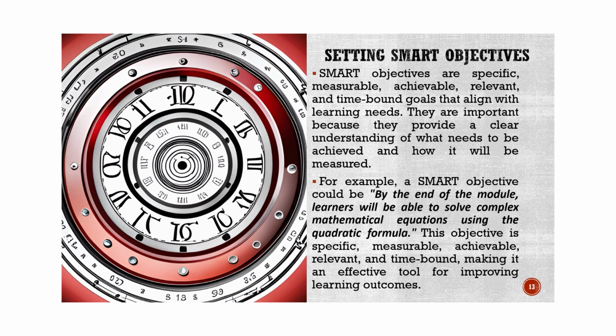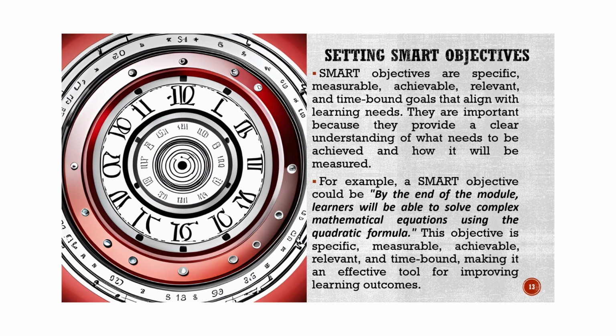Setting SMART objectives. SMART objectives are specific, measurable, achievable, relevant, and time-bound goals that align with learning needs. They are important because they provide a clear understanding of what needs to be achieved and how it will be measured.